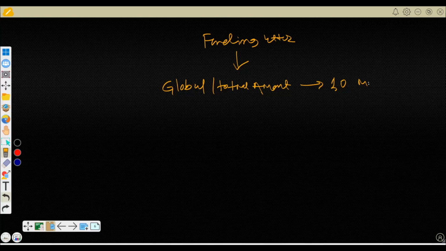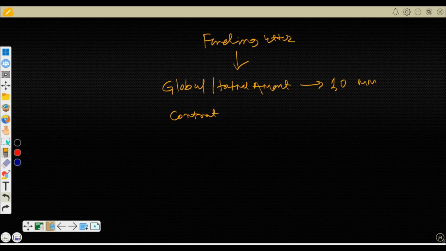Then the contract amount at this point in time, or might be the settled amount. Those are the wordings, guys, right?